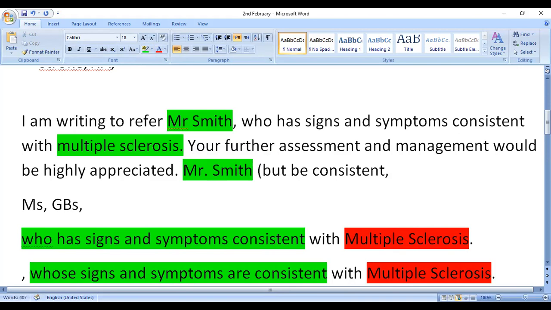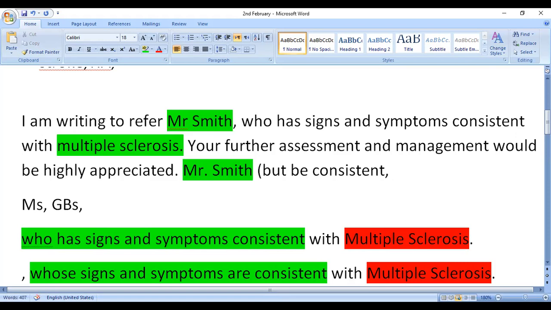If you want to use without dot, use it throughout your letter without dot. If you want to use with dot, use it throughout your letter. For Mr. Smith, you will use the name of the patient 4, 5, or 6 times. So whenever you use the name of the patient, write it in capital and with dot or without dot.